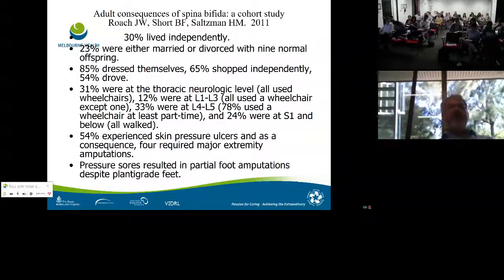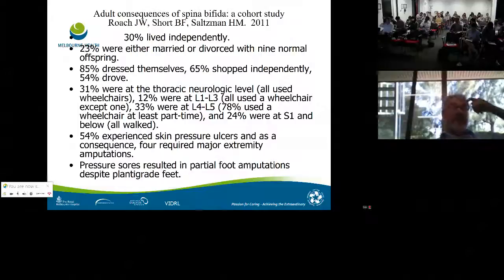If you look at children, a much larger percentage were using a wheelchair, but they found a smaller percentage used the wheelchair, but as people got larger, put on weight, and grew in size, it was much more energy efficient to use a wheelchair. 78% used a wheelchair at least part-time, even of the lower lumbar levels, and in the sacral levels, about a quarter, and all of those walked.